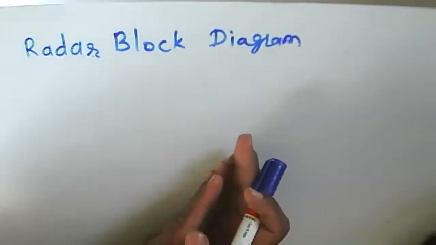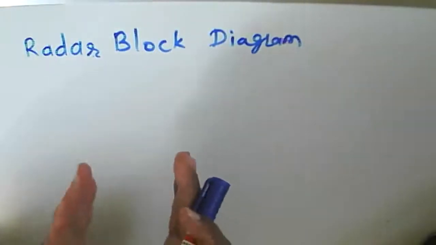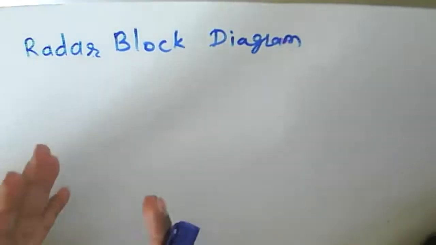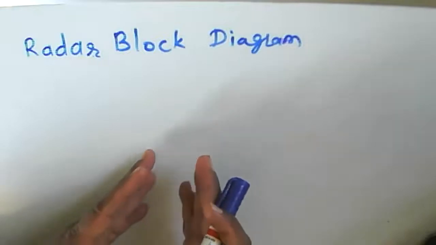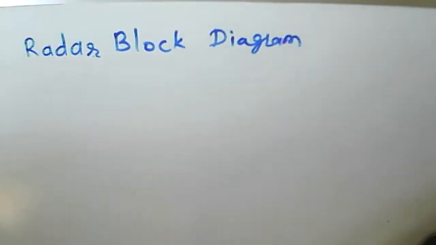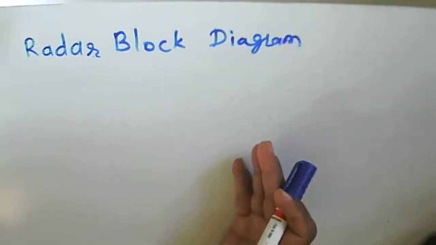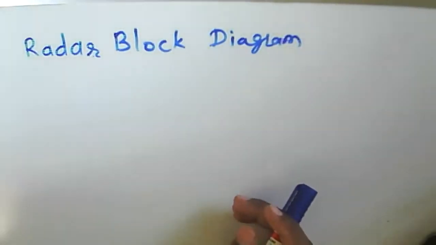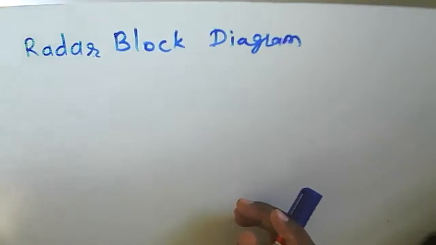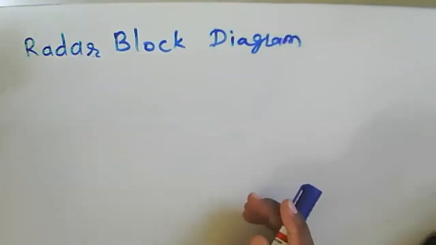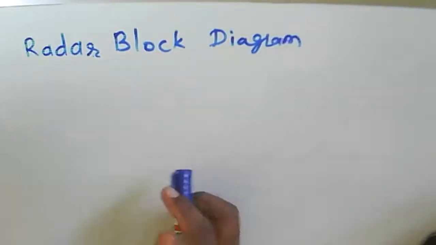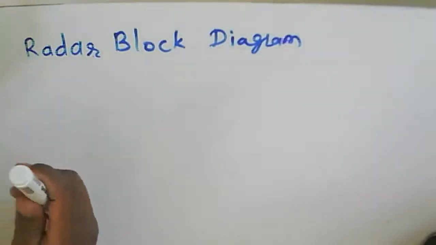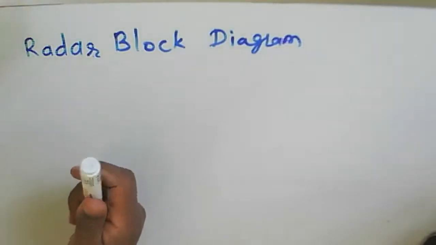We already know the requirement in terms of transmitted power and received power. We must consider the antenna, the transmitter side, the receiver side, and the various components in the radar.